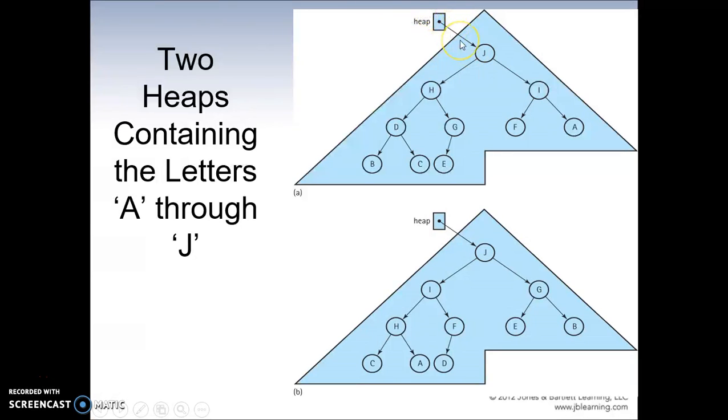And the pointer points to the heap, and you see J is greater than H and I. H is greater than D and G. I is greater than F and A, and D is greater than B and C, as well as G is greater than E. So this is a heap. And a heap can be another heap here, right? It can be any order of letters here, as long as J is greater than I and G is greater than E and B, and I is greater than H and F, and vice versa.